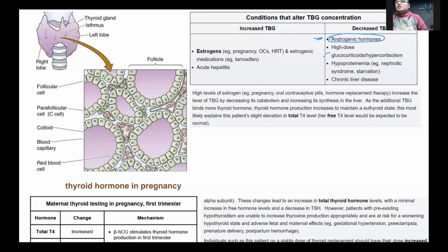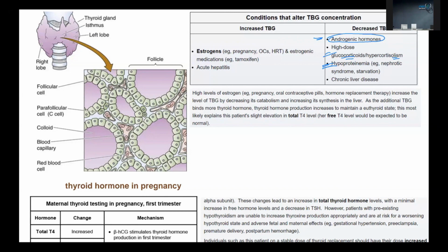Also high-dose glucocorticoids and hypercortisolism decrease it. And hypoproteinemic conditions, where protein is decreased, as seen in nephrotic syndrome and starvation.